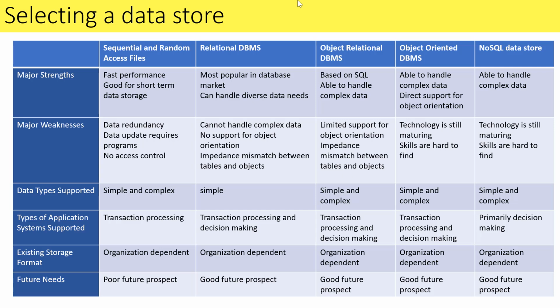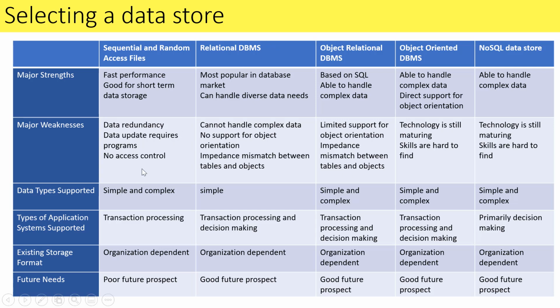Same for object-oriented database management system. If you have very complex data and you want your objects directly to be persisted in a database management system, object-oriented database management systems are very useful. NoSQL data stores can also handle complex data because, for example, the key-value category of NoSQL databases can store data in JSON format, and JSON format can handle multidimensional and very complex data structures.